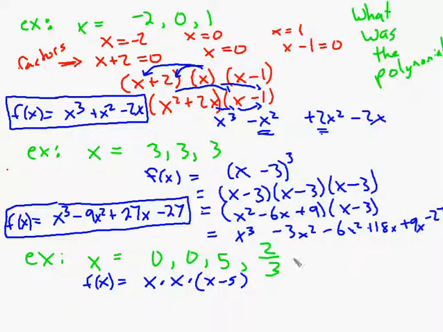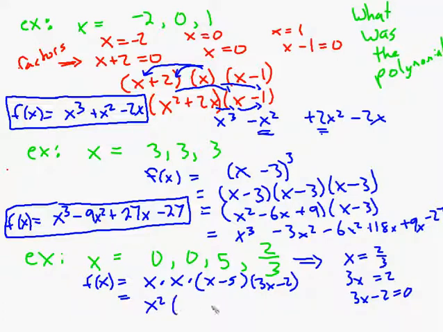So let's look at that one. That means x equals 2/3. Now I don't want to just subtract the 2/3 over, because that's not how it would be when it factored. I'm going to clear my fraction, so I multiply both sides by 3. And then I subtract the 2. So that's my factor, 3x minus 2.